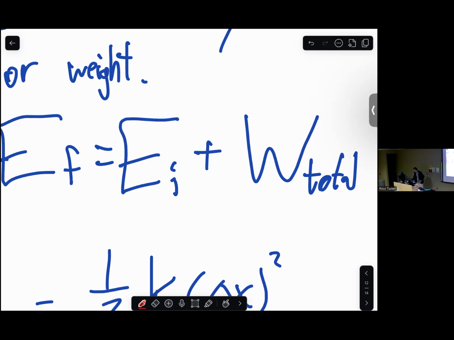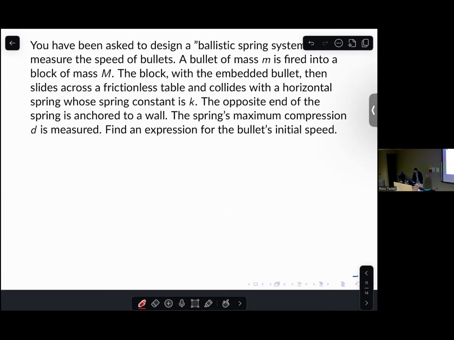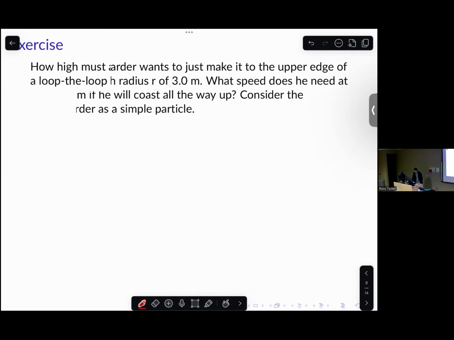Another example. How much time do you have? 3 to 4:15. You have enough time for one. Half pipe looks like this, by the way.